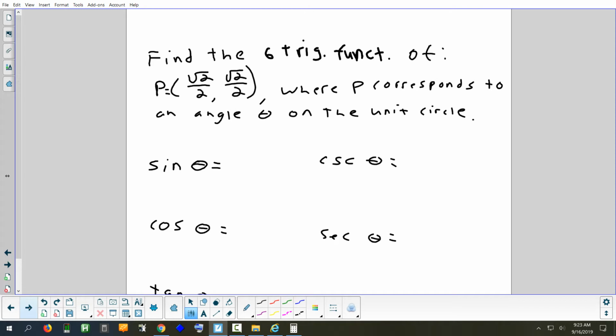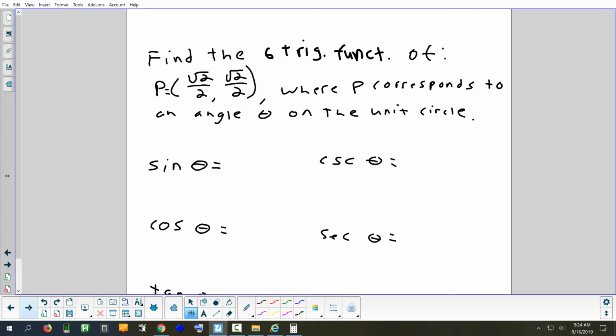Now, you don't need to know this yet, but does anyone think they know what angle that is the coordinate for? The x and the y are the same. So think about on the circle, if you start at the origin and you go right and up exactly the same amount, you're in quadrant 1, positive, positive. So your angle is somewhere between 0 and 90.